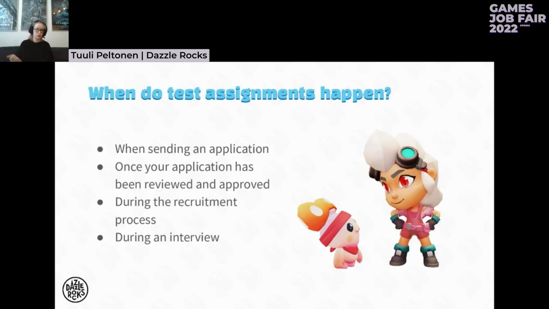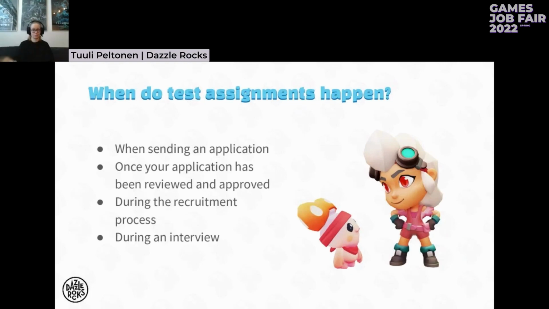It can be very short in some cases, but in some cases it can take a bit more time as well. And then sometimes companies will also ask you to do a test assignment once your application has already been reviewed and you've gotten to the next step in the process. Basically, the tests can happen nearly in every part of the recruitment process in general.